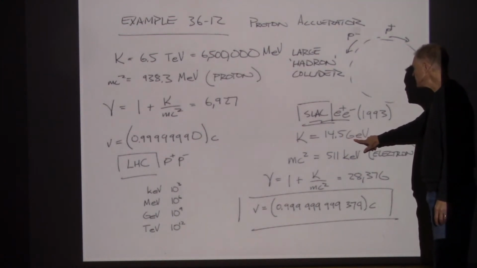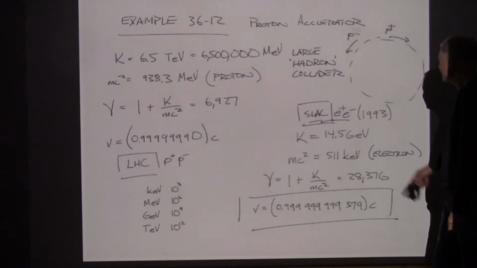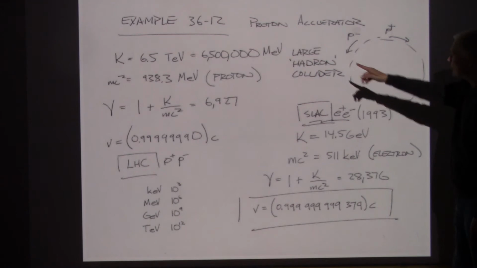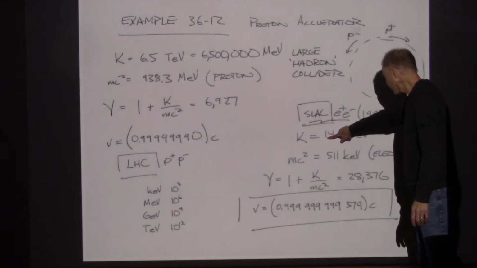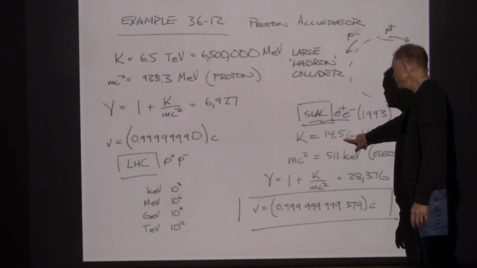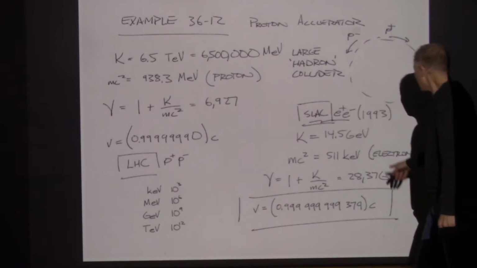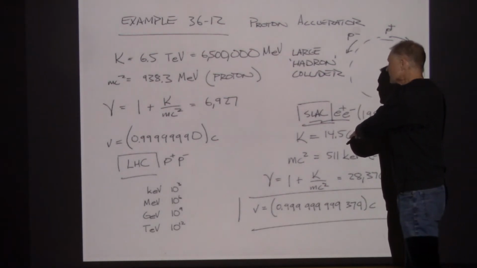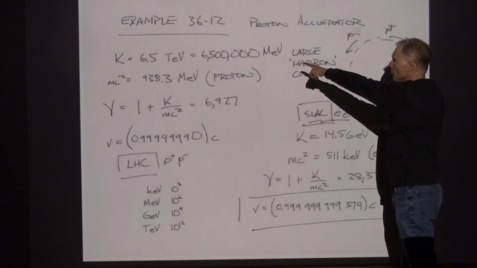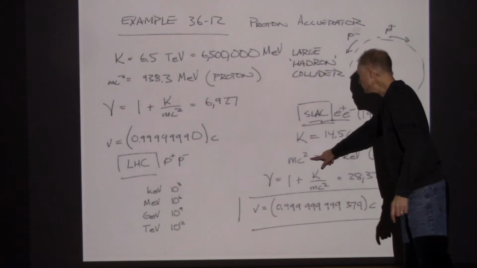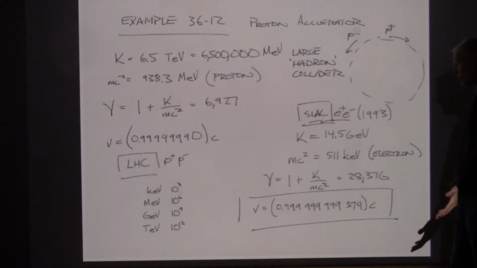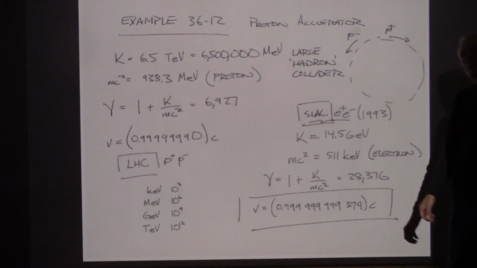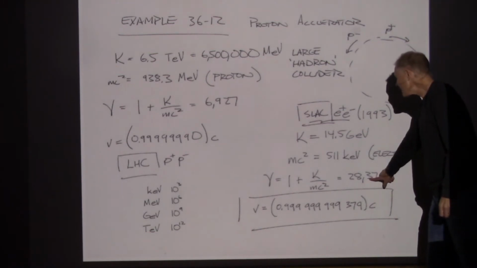14.5 GeV. GeV means a billion eV, that's giga versus mega. So this would be 14,500 MeV. Now the masses of the electrons are much less. When I plug this very modest amount of kinetic energy into this formula, it turns out that the gamma factor of our electrons, when we were running experiments back in 1993, was 28,000.